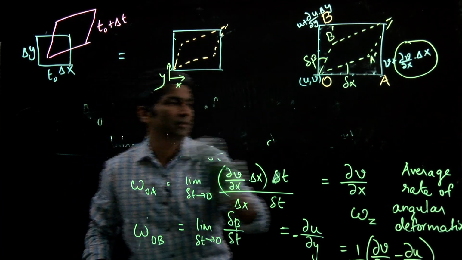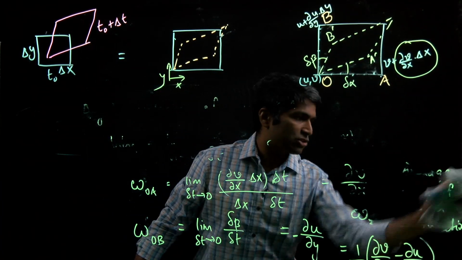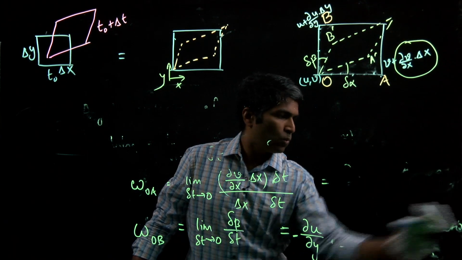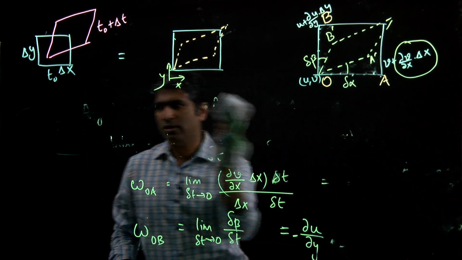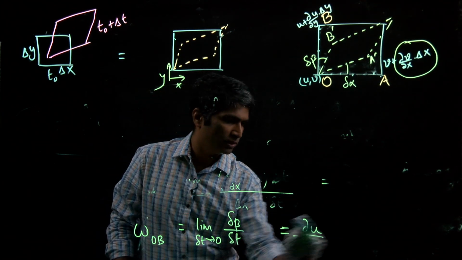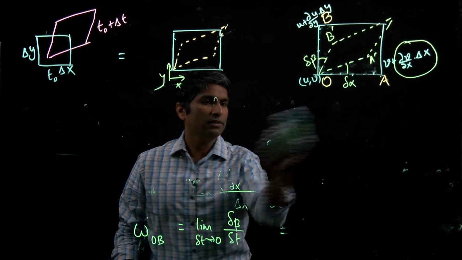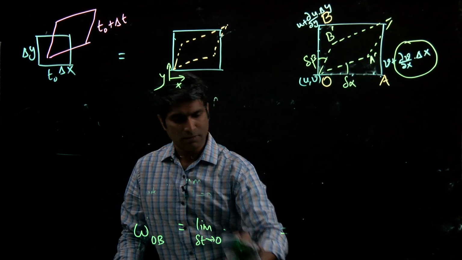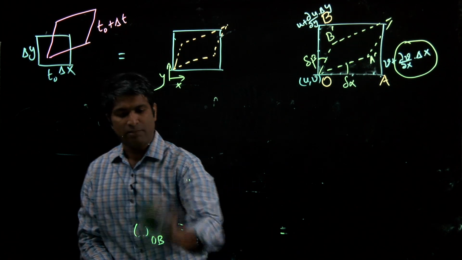I could do the same thing for rotation in the other two directions. So I could write average rates of angular deformation in the y and z directions. And if you notice the symmetry that we got with those expressions, it should be easy to write them down.